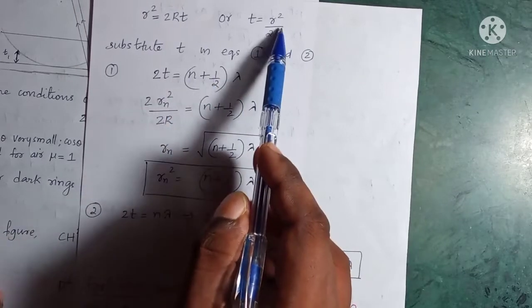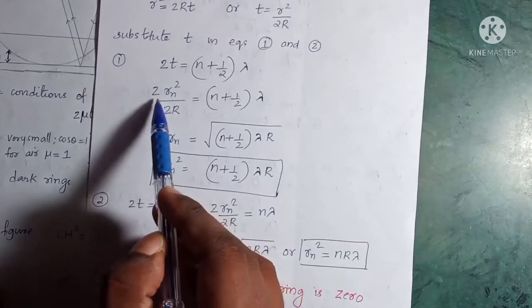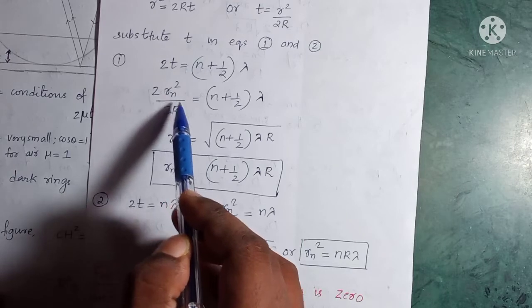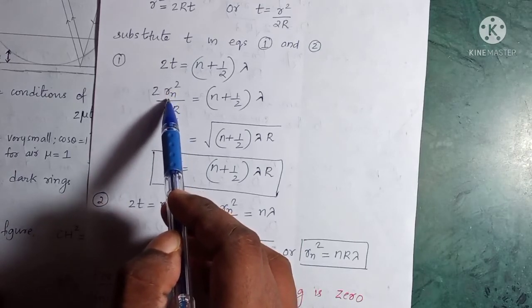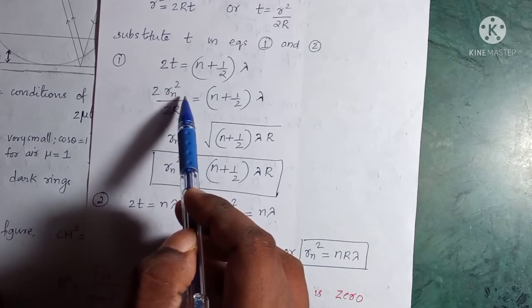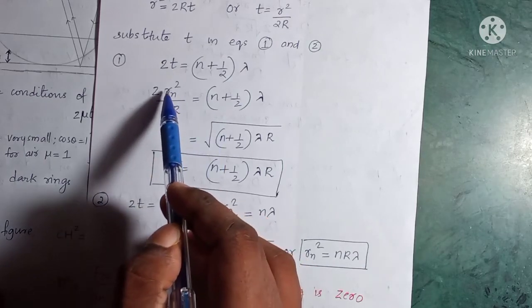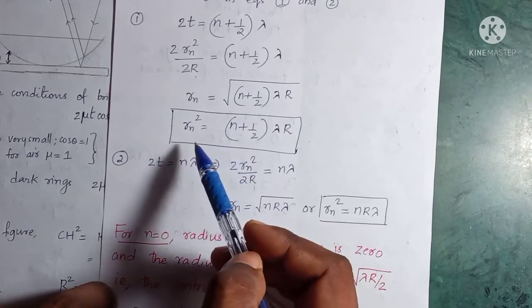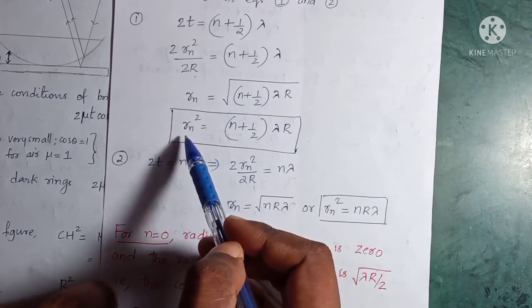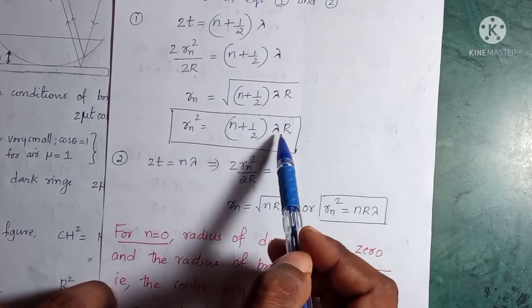So t is r square upon 2 capital R. So this becomes r square upon 2 into capital R. r changes with the order small n, so this can be Rn square. So finally, after simplification, we obtain Rn square equals n plus half lambda capital R.